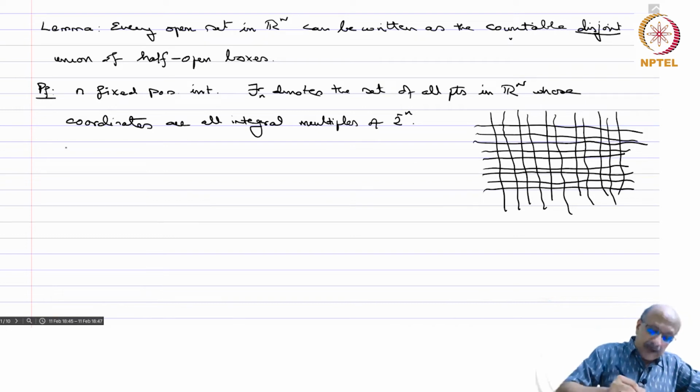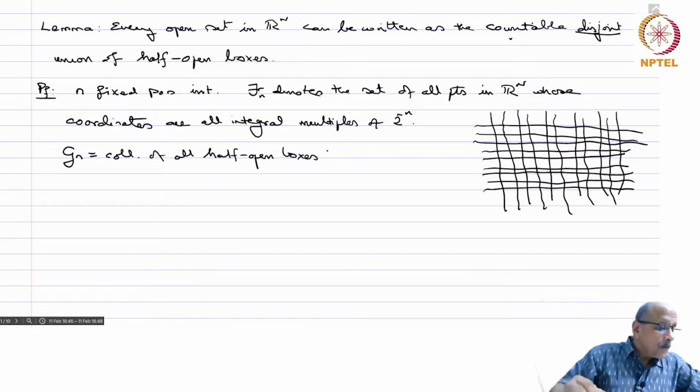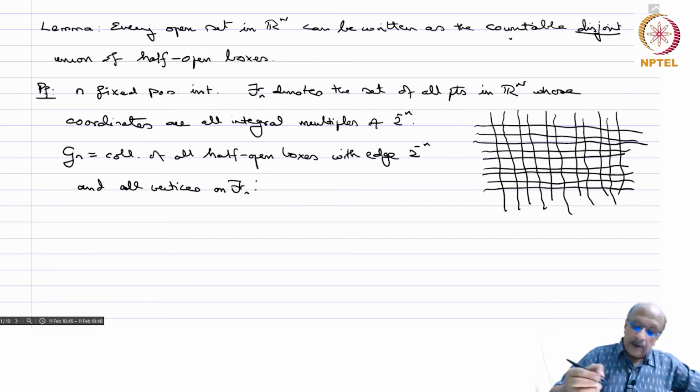Then you write G_n equals the collection of all half open boxes with edge 2 power minus n and all vertices on F_n. So then the following two things are obvious.